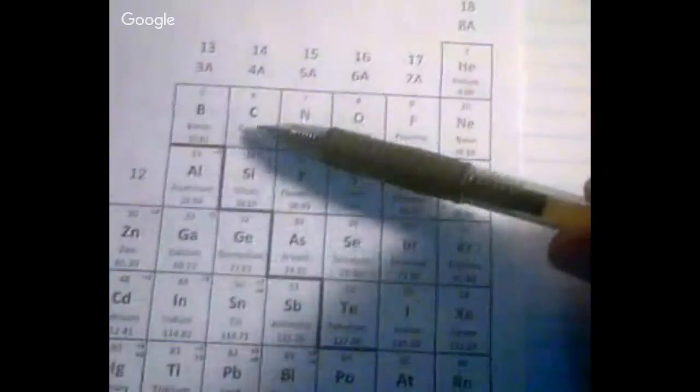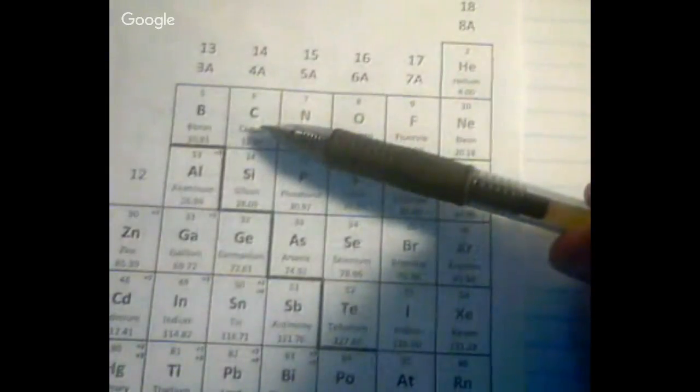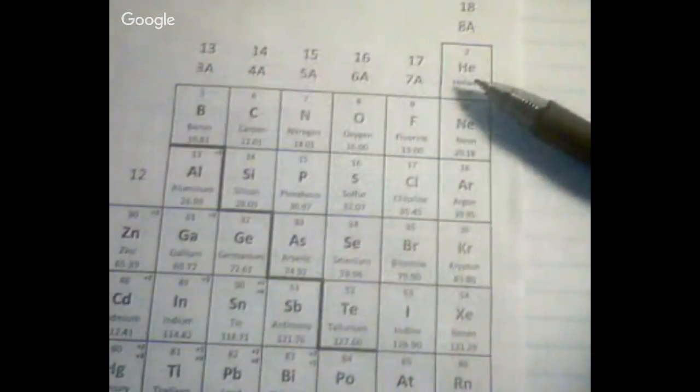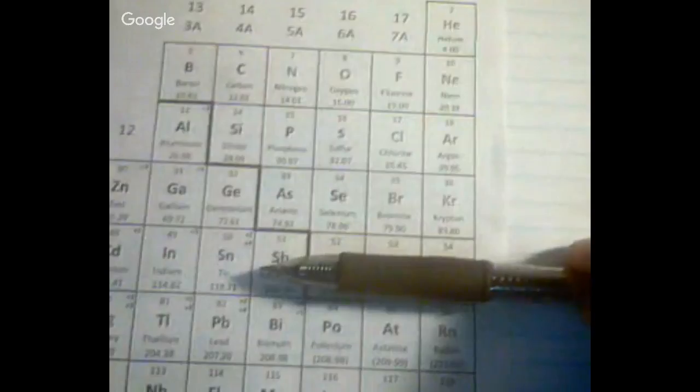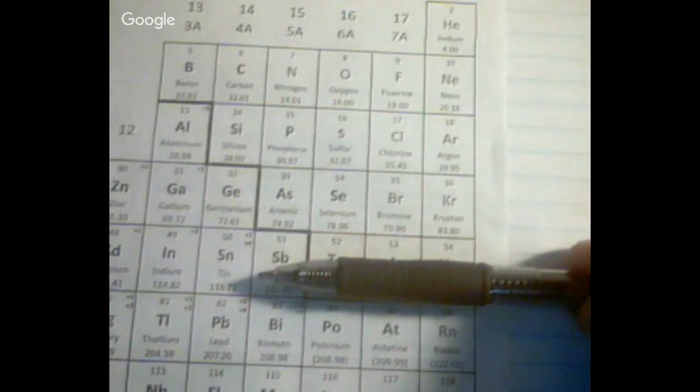Don't make the mistake of starting from carbon, because carbon's actually the second period. First period only has 2 elements, hydrogen and helium. So first period, second, third, fourth, fifth, that's going to be 10, which is in group 4A, or 14, and then period 5.